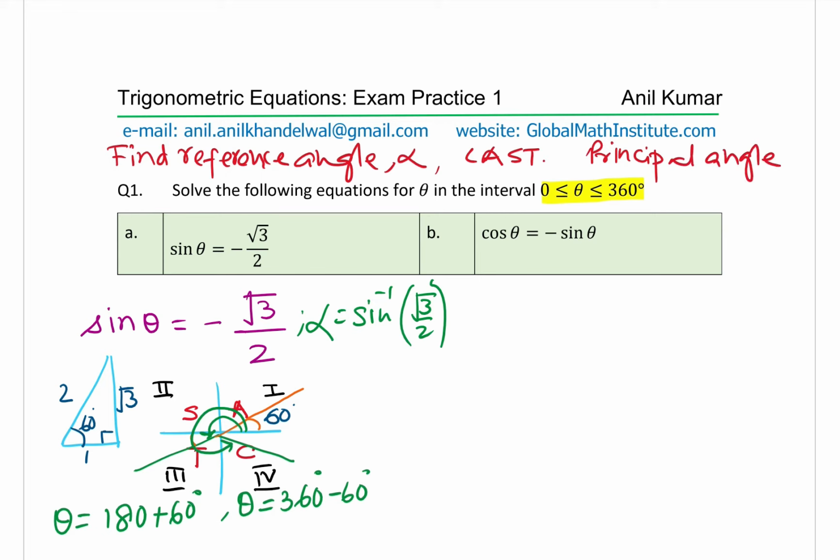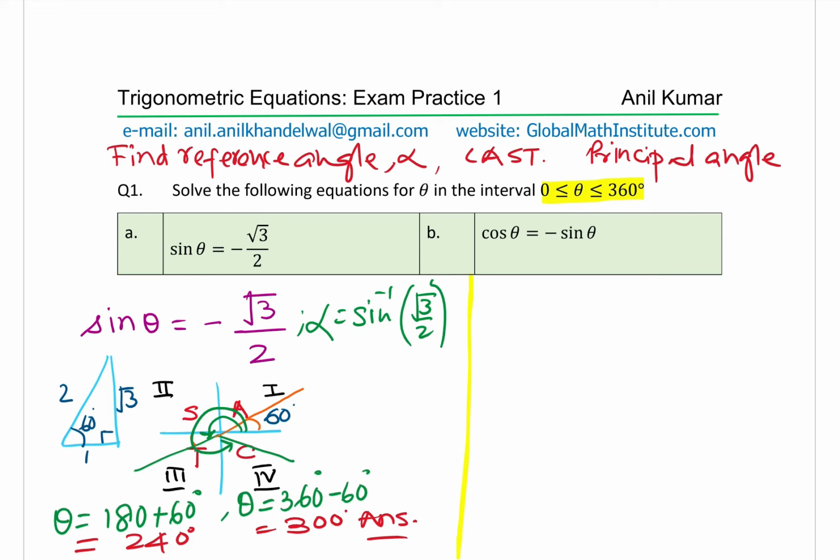Correct? That is going to be the strategy. The principal angle is 180 plus 60, which is 240 degrees, and here we have 300 degrees. So that is our answer. Is that clear to you? Perfect. That is how we are going to answer this question.